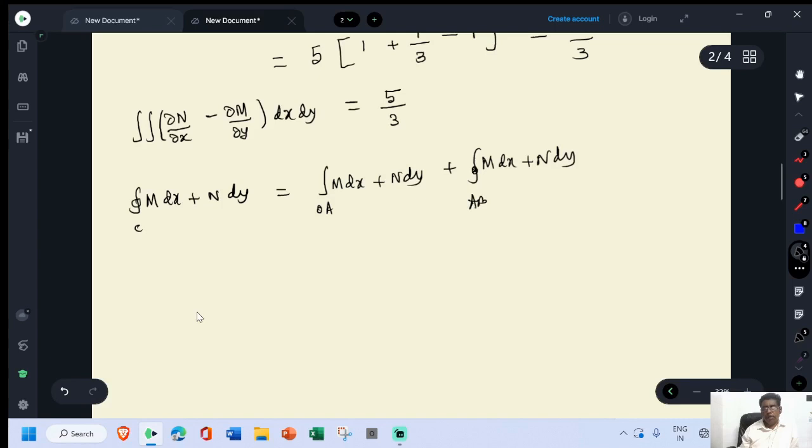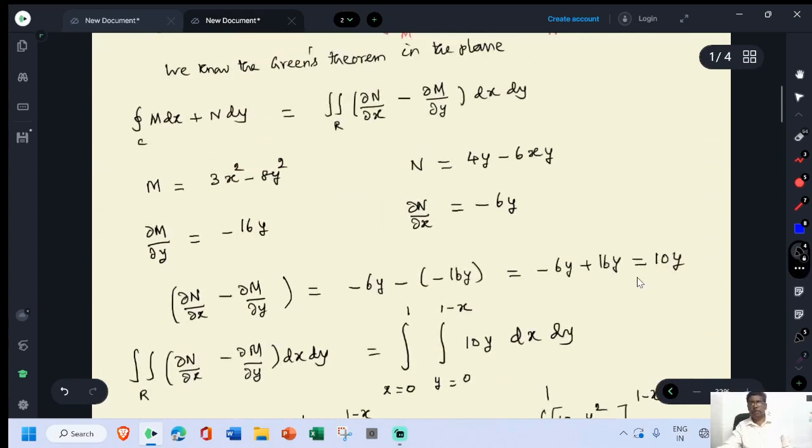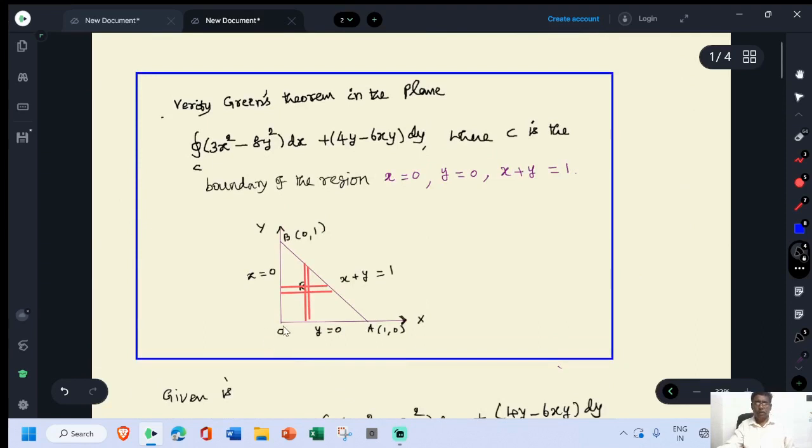No circle here, just ordinary integration, because this is a line integral. Plus m dx plus n dy for the BO line. Now consider this OA line, AB line, then BO line.